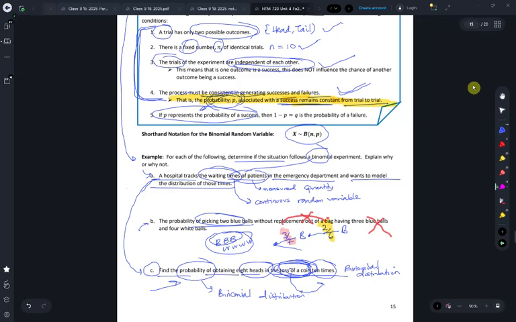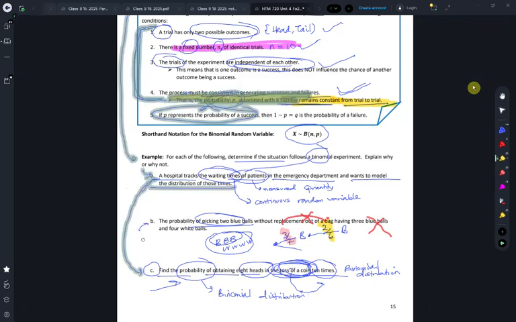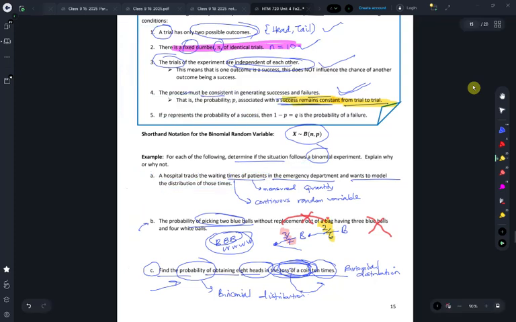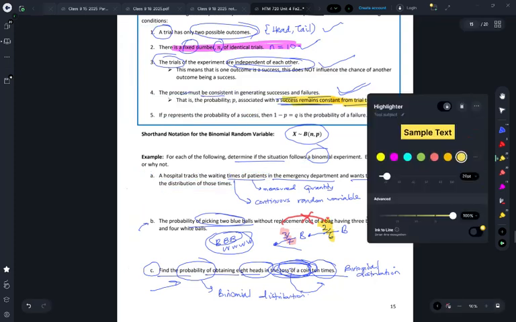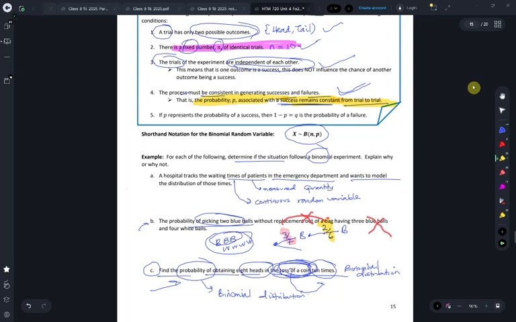One, the fixed number of trials, which is 10, and two, the probability of success, which must remain constant from one trial to another. That value must remain constant, as in the case of toss of a coin, if we're interested in heads, we want it to be 50-50 from one toss to another.